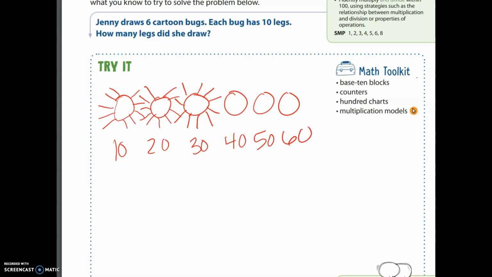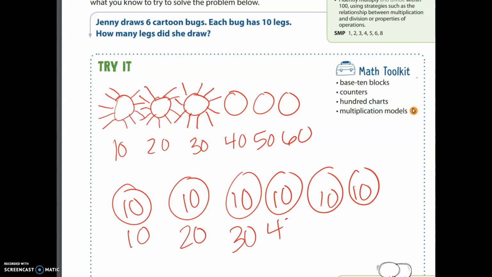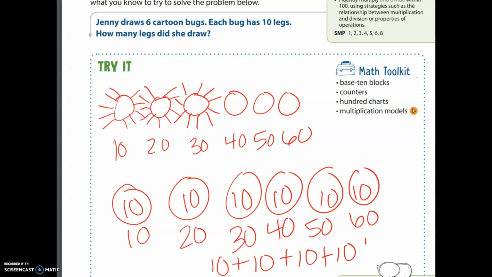Okay, so you also could have drew 6 groups like this with 10 in each group and counted the legs that way. And you would have still got 10, 20, 30, 40, 50, 60. You might have just repeated addition on this one and added the 10 legs of the 6 bugs.